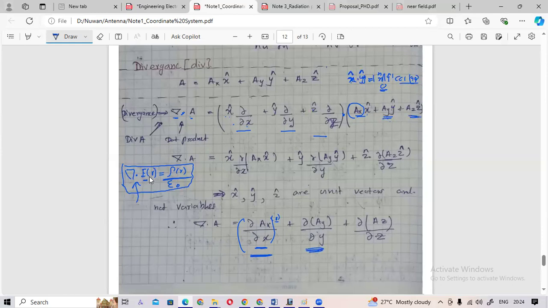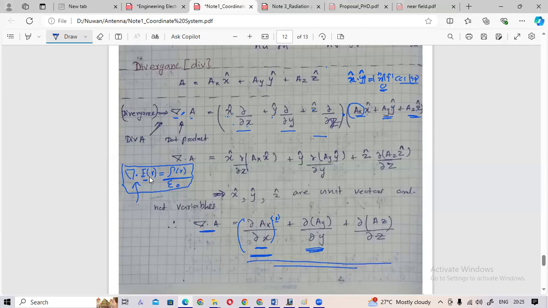Same way, if you consider z hat, you will have 1. So az, dz, you will have, the derivative is there. But others are 0. For example, x hat z hat will be 0. Y hat dot z hat will be 0.